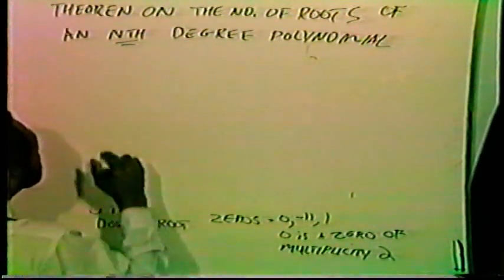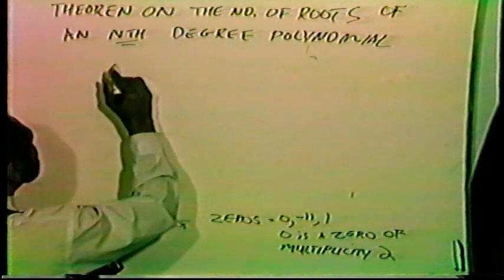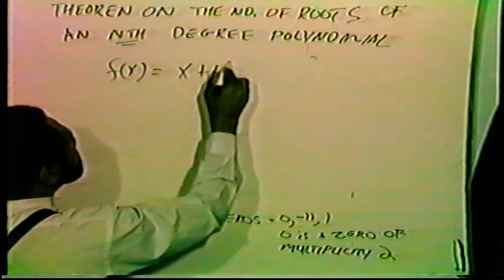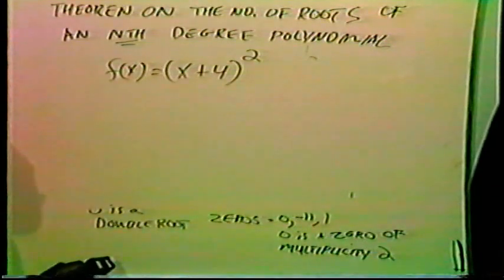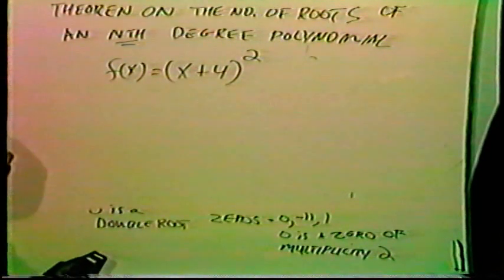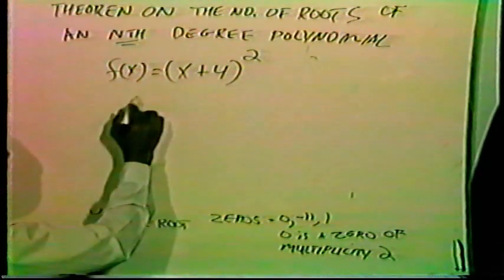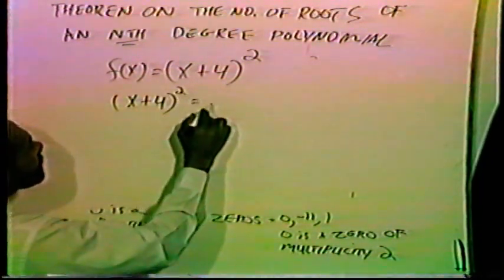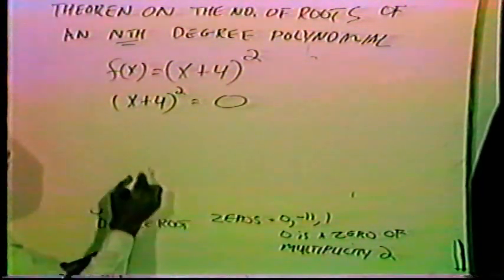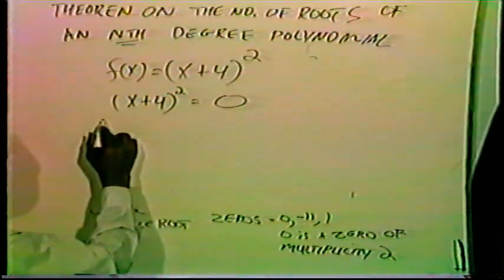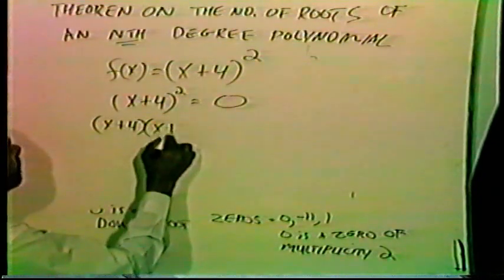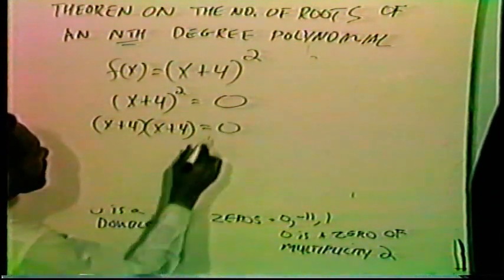For example, if I have something like f of x equals x plus 4 squared, and I try to find the zeros, I would have x plus 4 squared equals 0. And if I do it by factoring, this will be x plus 4 times x plus 4 equals 0.